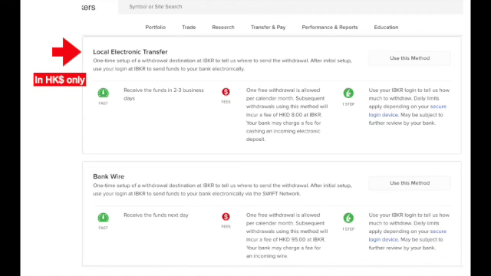Now, this only applies when you are trying to send some local currency, that is Hong Kong dollar, from Interactive Brokers to Airstar Bank, and you chose the local electronic transfer, not a wire transfer.